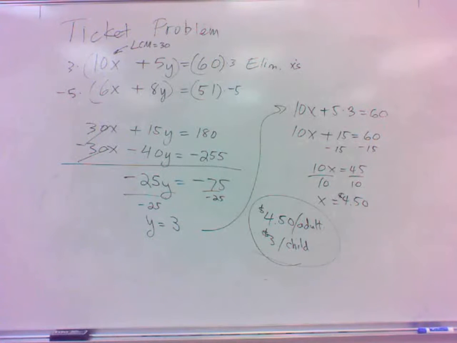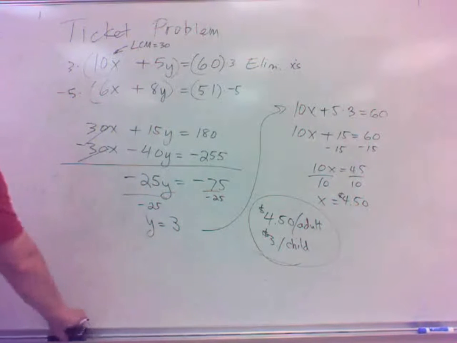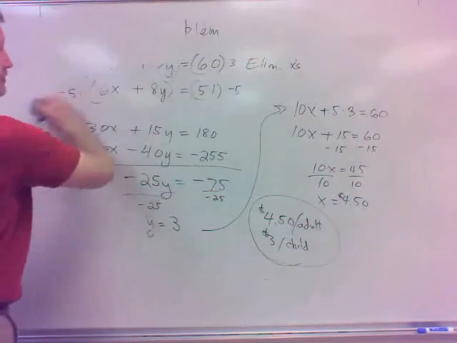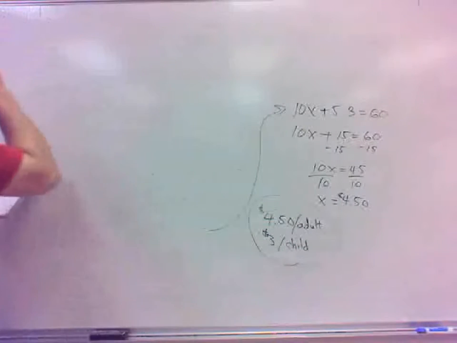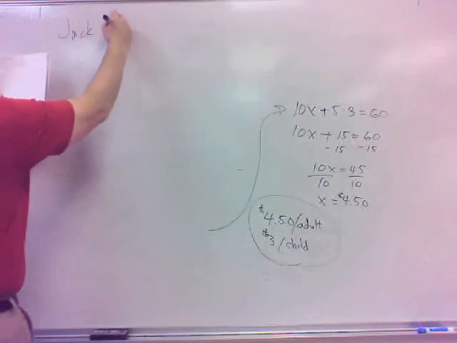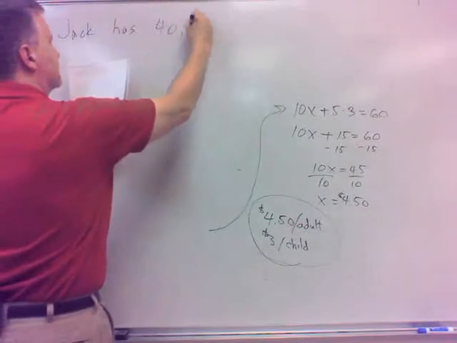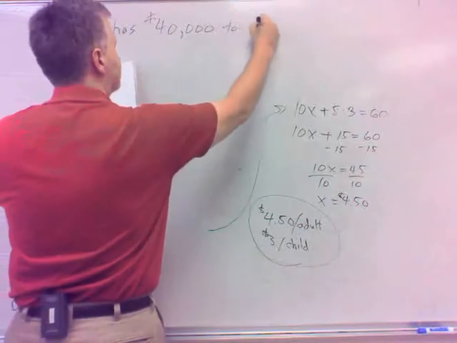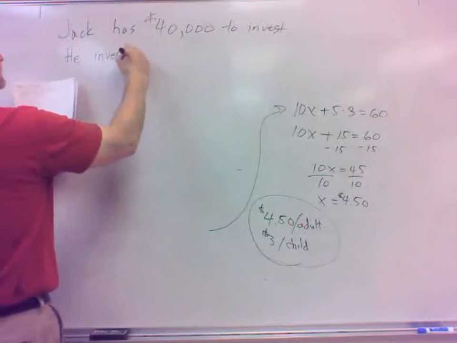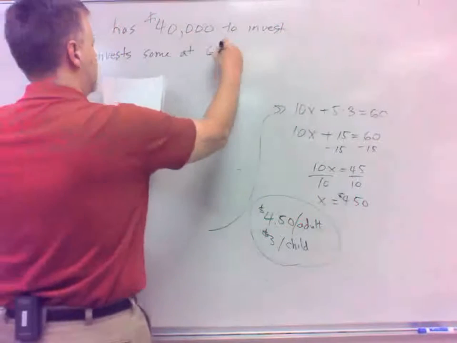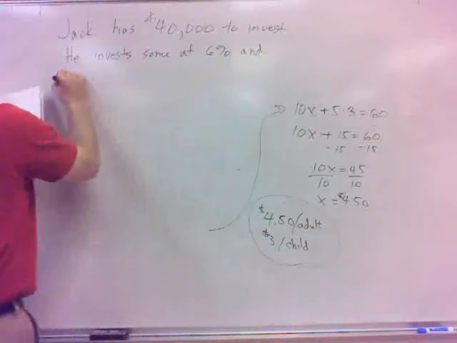Okay? All right. Let me give you another example of this application, a way we can apply a system. Let's say Jack has $40,000 to invest. He invests some at 6% and some at 10%.